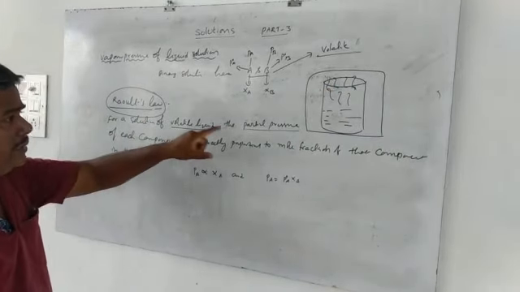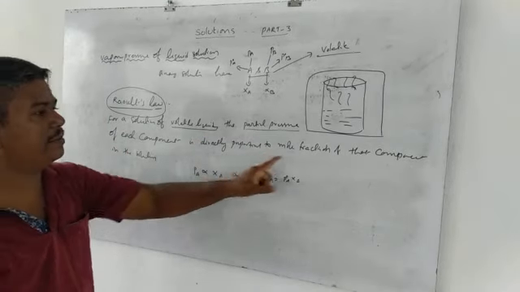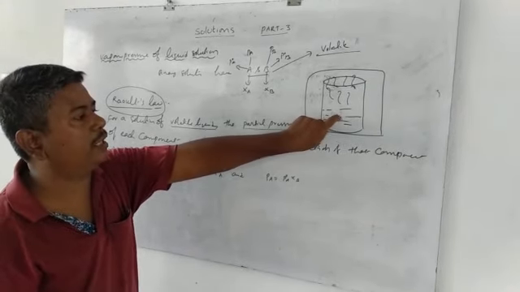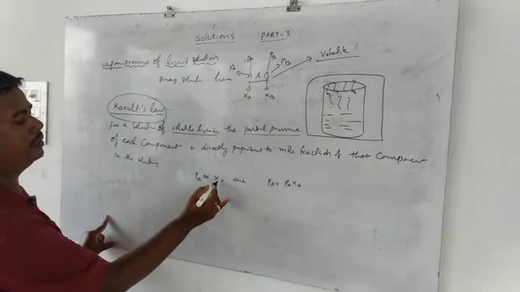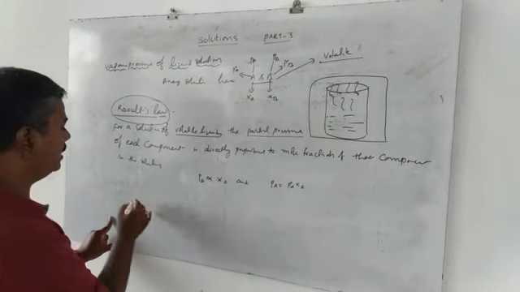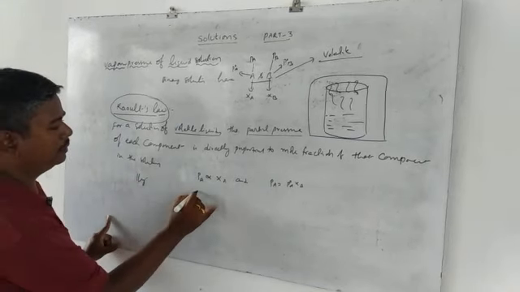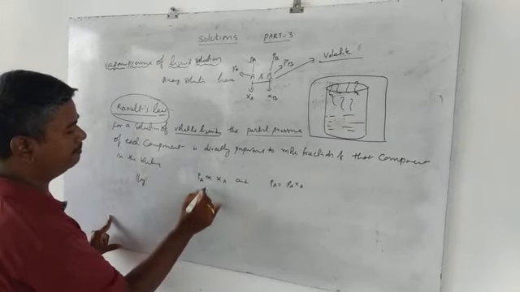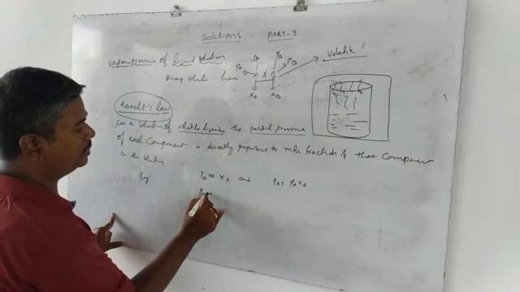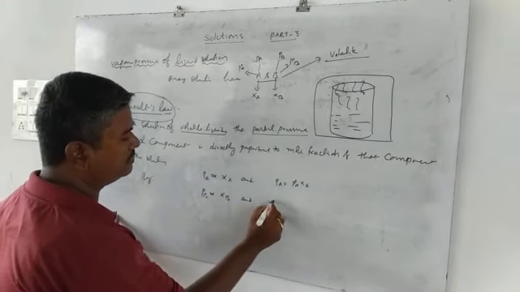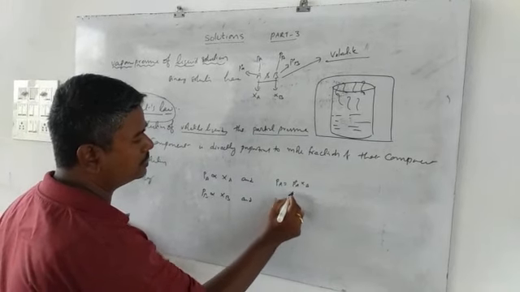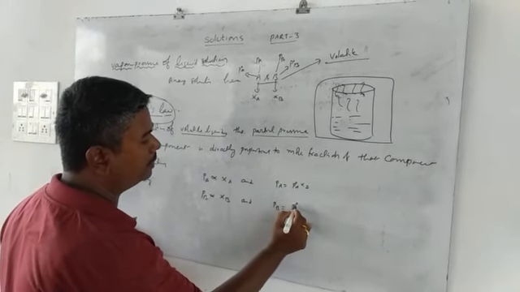That means the partial pressure of each component is directly proportional to the mole fraction of the component dissolved in the solution. So PA is proportional to XA, and PA equals P naught A XA. Similarly, the partial pressure of B is proportional to XB, and it is written as PB equals P naught B XB.